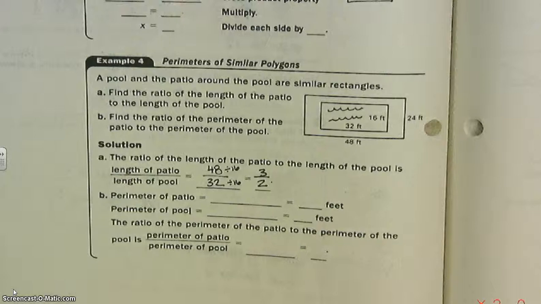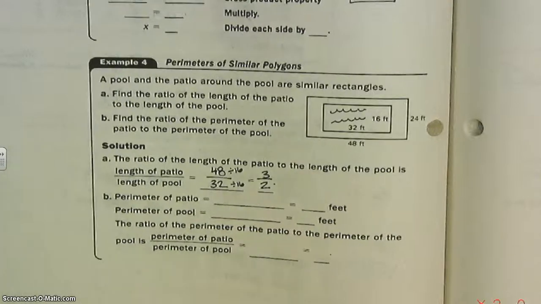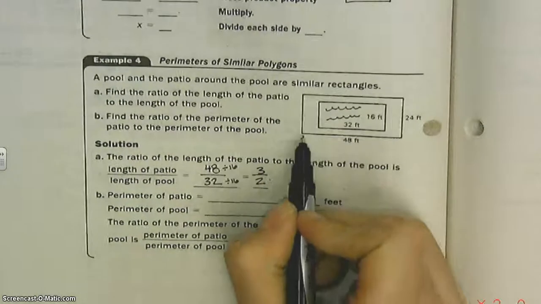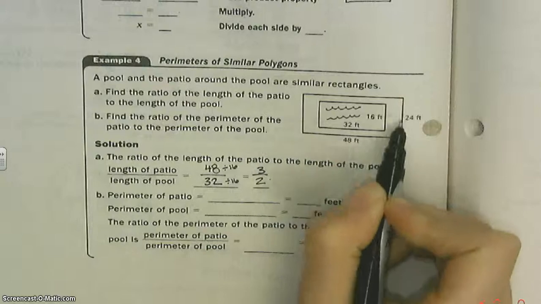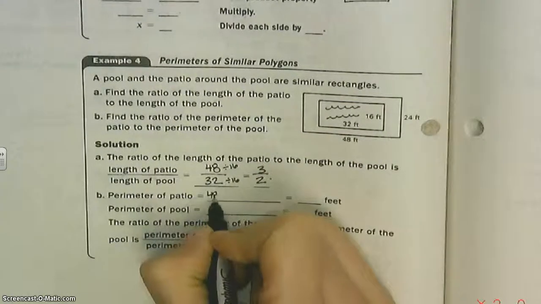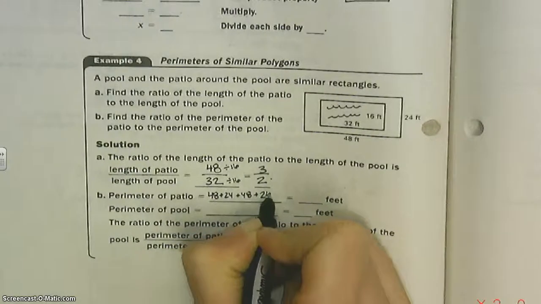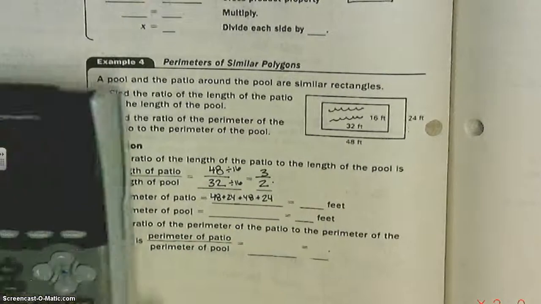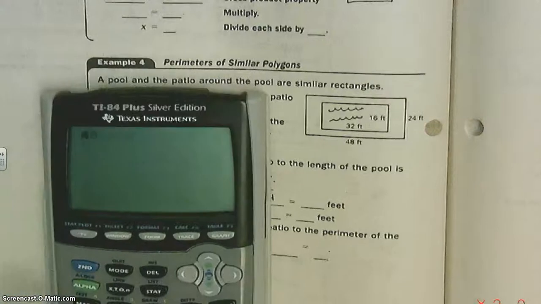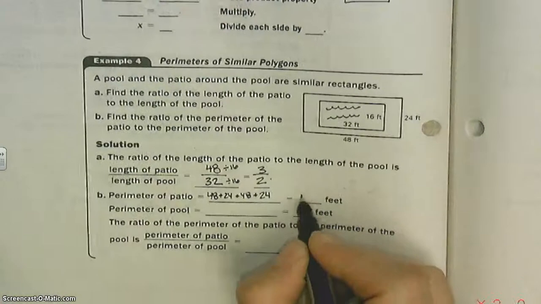Now it says find the ratio of the perimeter. Oh, okay, well, if we're going to do that, we need to actually find the perimeter. So all the way around the patio is 48 plus 24 plus 48 plus 24, which is 144.